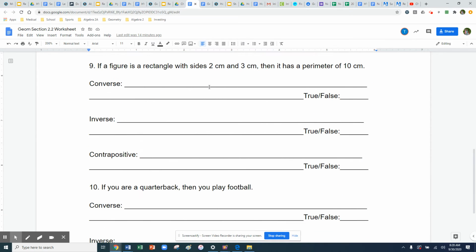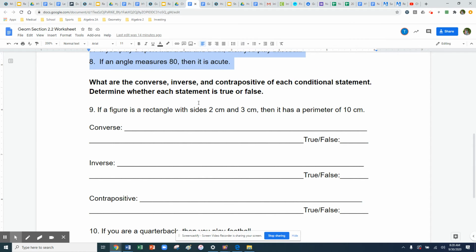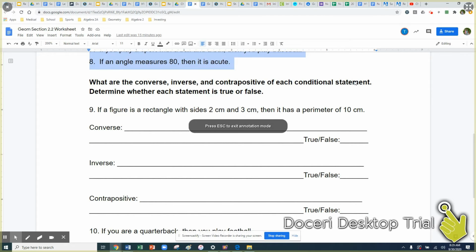Okay. All right. Now we're moving on to 9. And here's where I just want to help you with the organization piece of this. So you looked at, in your notes, the contrapositive, inverse, converse. To help you organize, we're going to use that P and Q some more. So we're going to have a conditional. So if a figure is a rectangle with sides 2 and 3, then it has a perimeter of 10. The figure is a rectangle with sides 2 and 3.